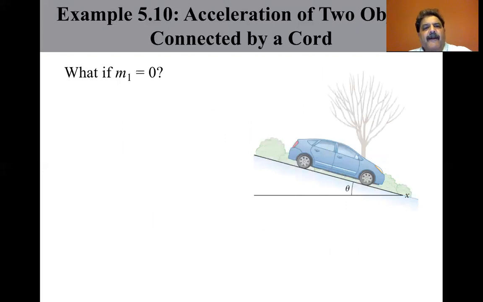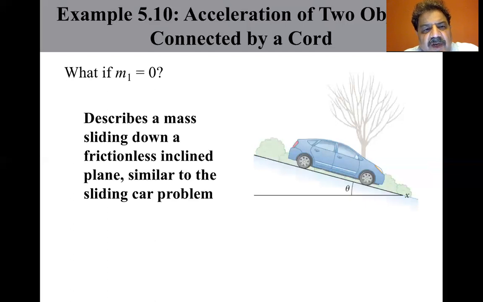Okay, what if m1 equals 0? If m1 equals 0, then m2 is simply sliding down an inclined plane without interacting with m1 through the string. Therefore, this problem becomes the sliding car problem in a previous example. It describes a mass sliding down a frictionless inclined plane.